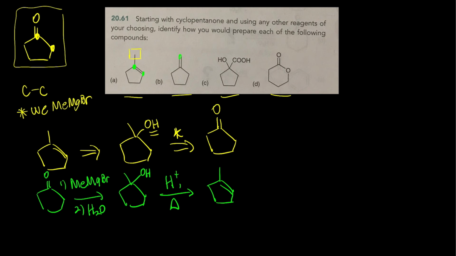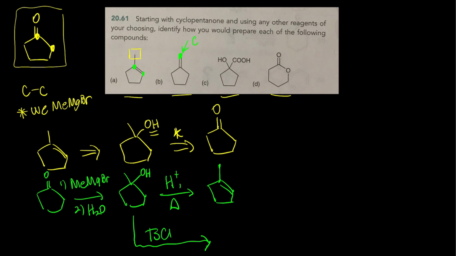Now, in molecule B, we can see that we have, yes, an additional carbon right here. And here we have the Hofmann alkene. Remember, Hofmann elimination gives you the less substituted product. So how do I go from here to an alkene that's between these two carbons?